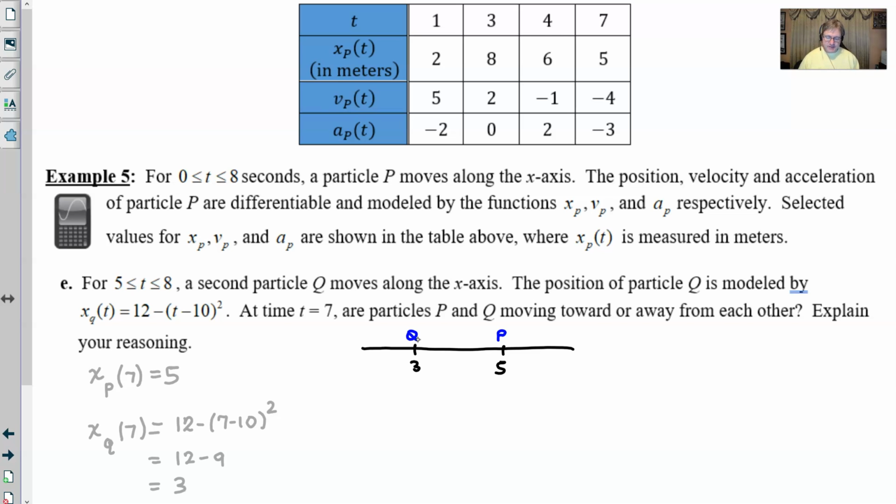And the direction of these particles is found by looking at velocity again. So we're going to figure out, well, what is the velocity of particle P at time 7? Well, we go to the table. Particle P at time 7 has a velocity of negative 4, which means P is moving left.